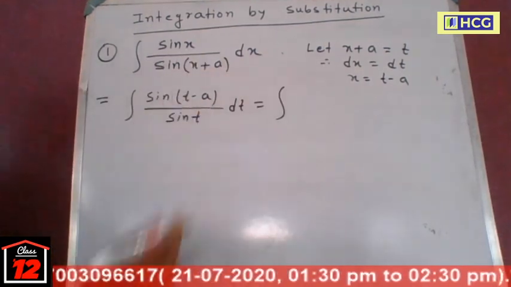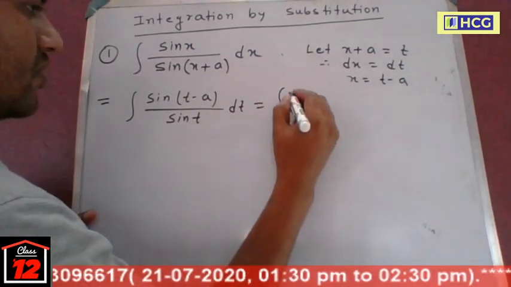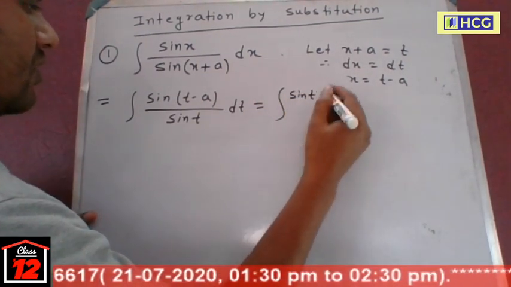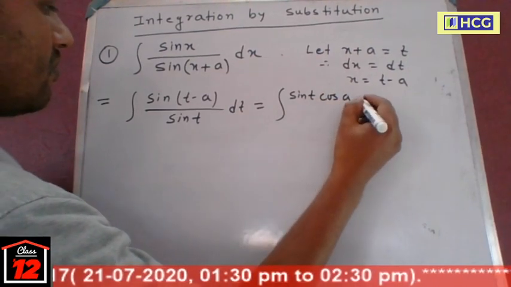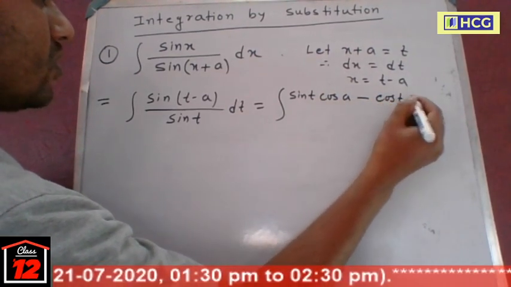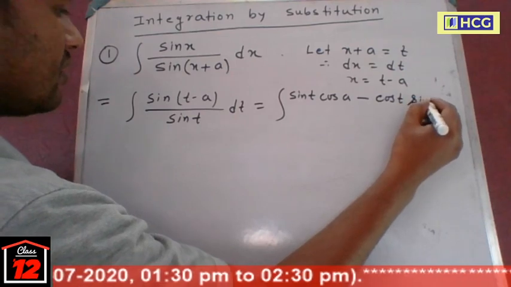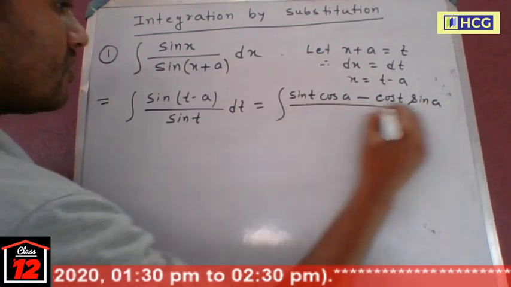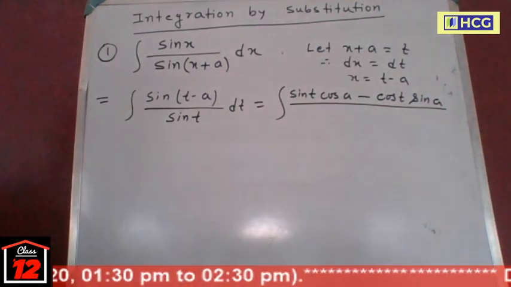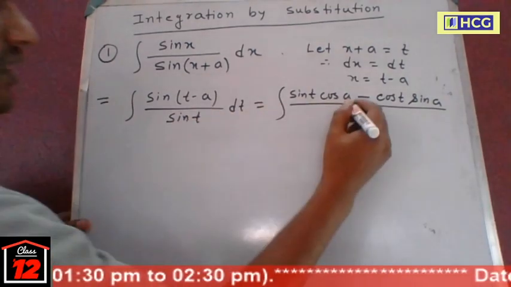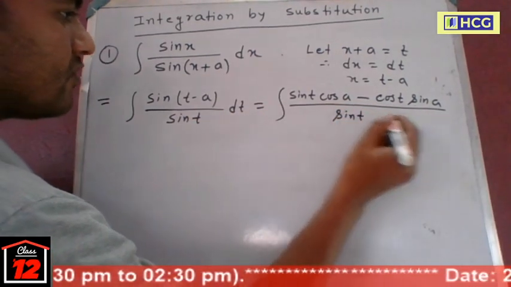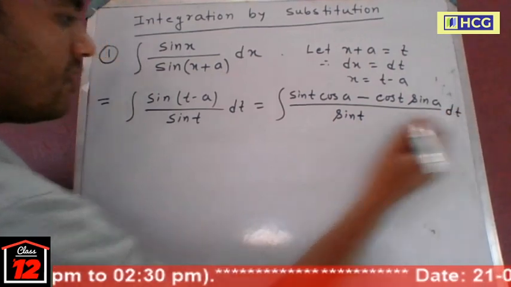Now this is equal to integration, using the formula sin a minus b is sin a cos b minus cos a sin b, sin t cos a minus cos t sin a divided by sin t dt.